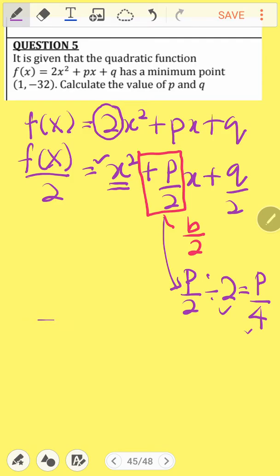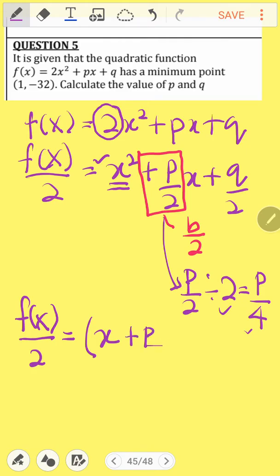After you got p over 4, we'll continue with our CTS process by taking out the x squared, and it is x here, and then the p over 2 divided by 2 is p over 4 squared. Since when you expand, the p over 4 squared will become p squared over 16, and it is not supposed to be in the original expression, so we have to minus that value.